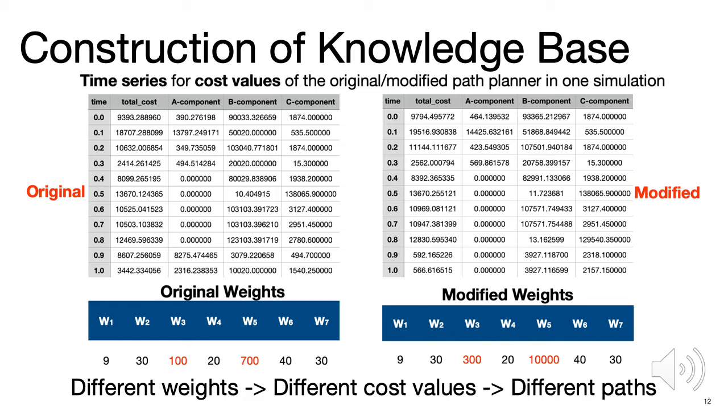So what we need to build our knowledge base is the modified weights that can avoid the crash, and the original cost values that can characterize the dangerous situation. But do we need all the cost values? Of course not. We just need the section that characterizes the dangerous situation.